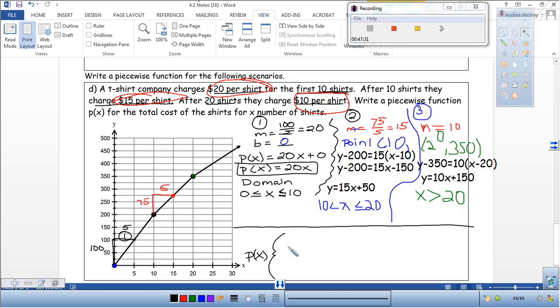So P of x equals all of this stuff, basically. P of x equals, use the bracket, and you just start with the first equation. You don't need the P of x because you already have it, so you're just going to use 20x. Then you put your semicolon and then the domain: x is less than or equal to 10.